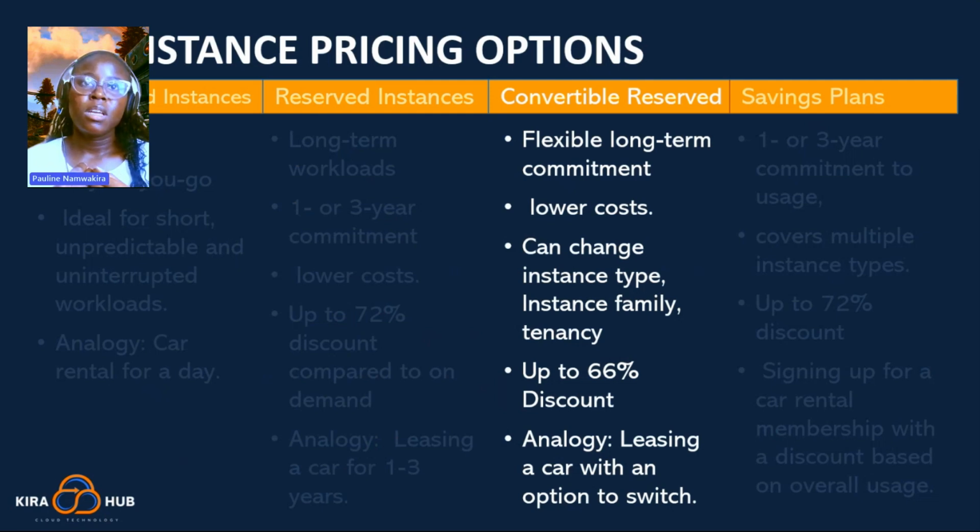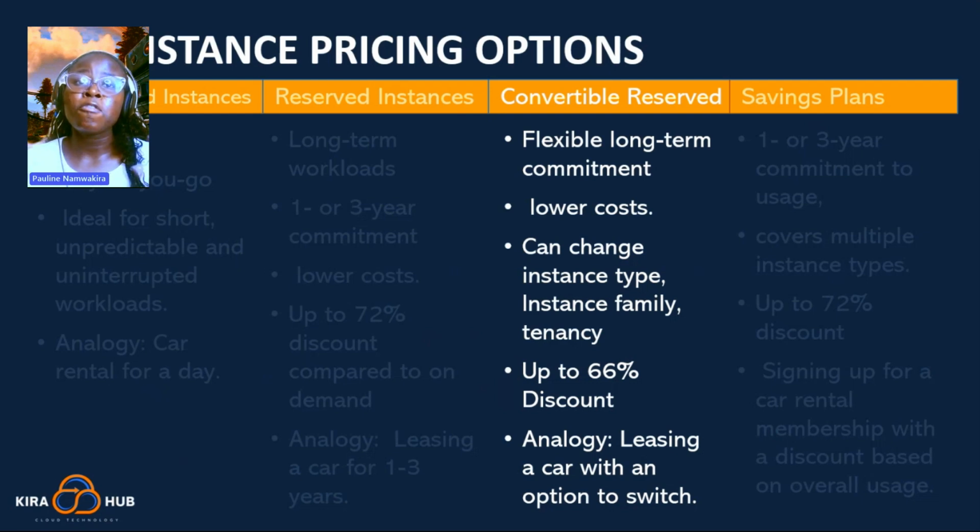Convertible reserved. So it has a smaller discount compared to standard reserved. So 66% discount, lower cost. But now this adds flexibility by allowing you to change the instance type. So this is good for applications with predictable long-term need. So you know you're going to need that application for a long term, but you are uncertain about your requirements in terms of maybe instance type.